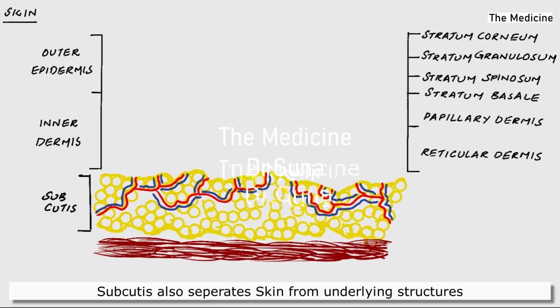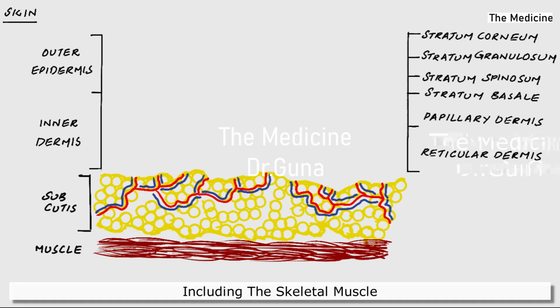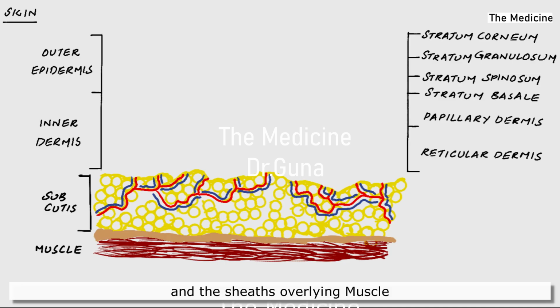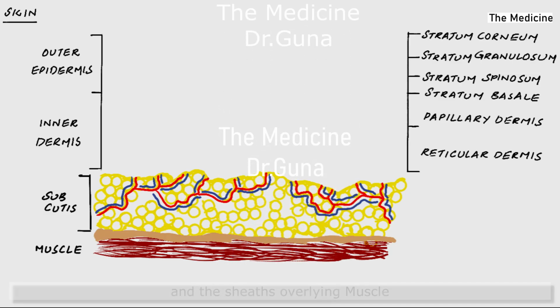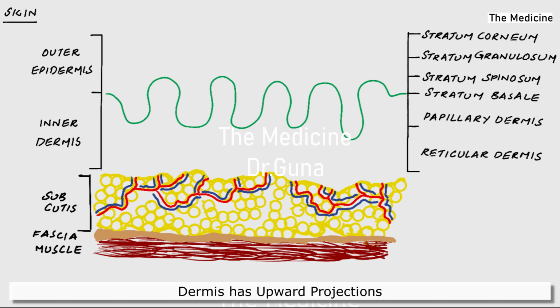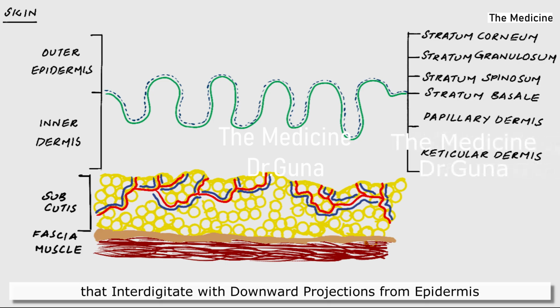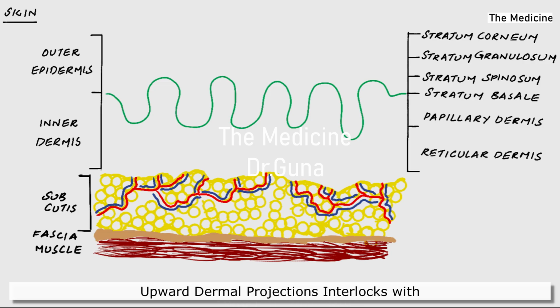The subcutis also separates skin from underlying structures that includes the skeletal muscles present beneath it and the sheaths overlying the muscle called the superficial fascia and the deep fascia. The dermis has upward projections that interdigitates with downward projections from epidermis.